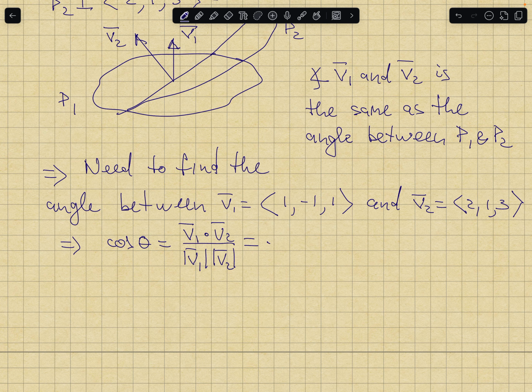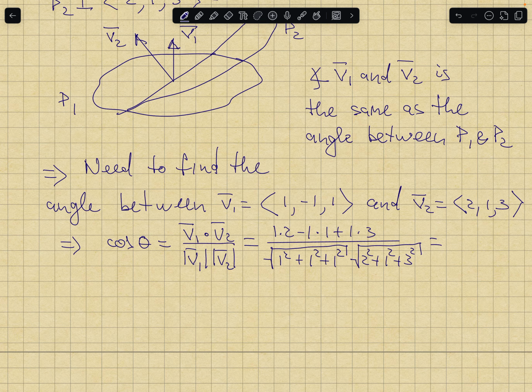V1 dot V2 is going to be 1 times 2 minus 1 times 1 plus 1 times 3. The magnitude of V1 is the square root of 1 squared plus 1 squared plus 1 squared, and the magnitude of V2 is the square root of 2 squared plus 1 squared plus 3 squared.